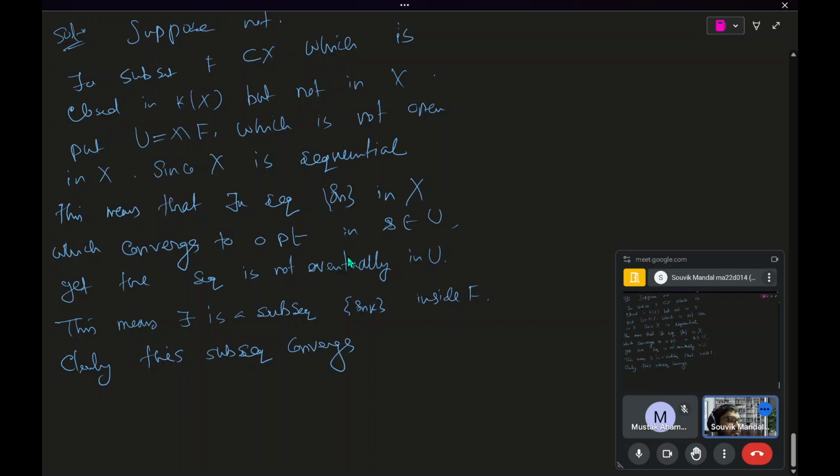Now put S equal to {s_{n_k} : k greater than or equal to 1}. Then K is a compact subset of X, and so therefore K intersection S is closed in X.